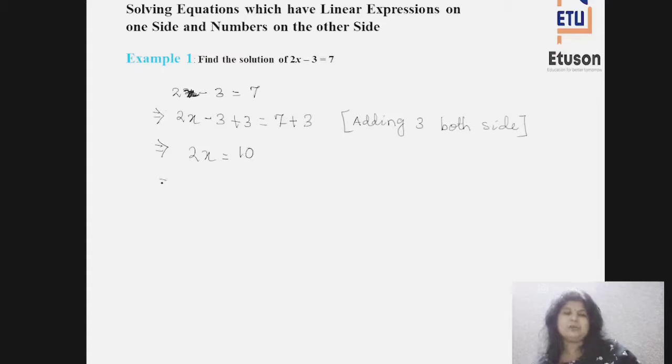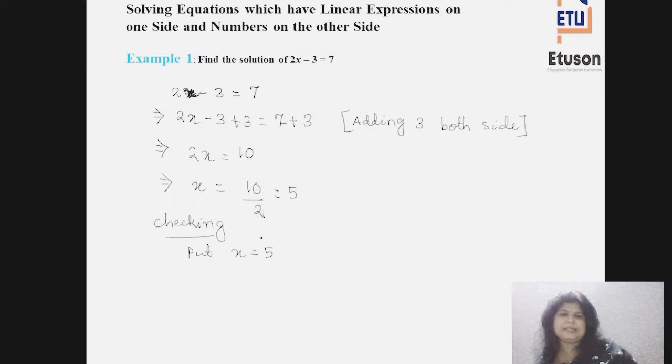Correct or not? So what will be the value of x then? So x is equal to 10 divided by 2, that is equal to 5. Correct. So now if you want to check whether your solution is correct or not, I am just checking it for you. It may be asked, it may not be asked. I am just trying to show you that this is the solution to this particular equation. So for checking, I will put x is equal to 5.